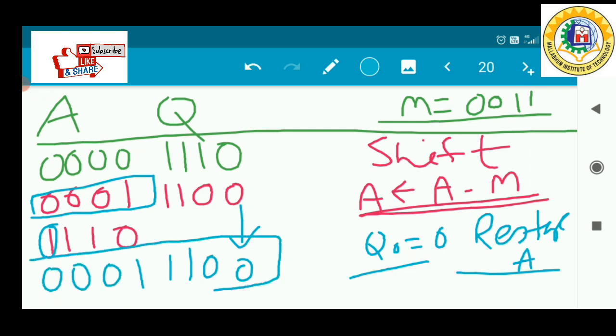So this is your final A and Q, and this is the second cycle.